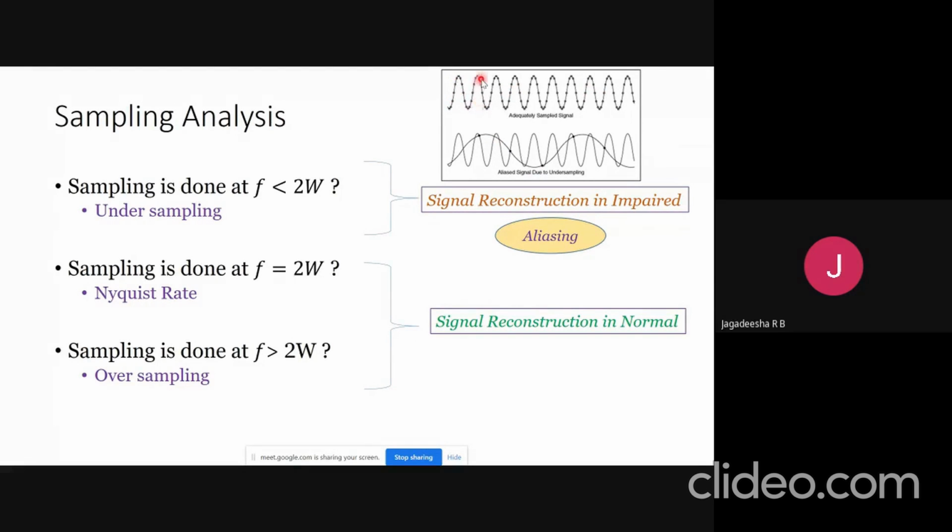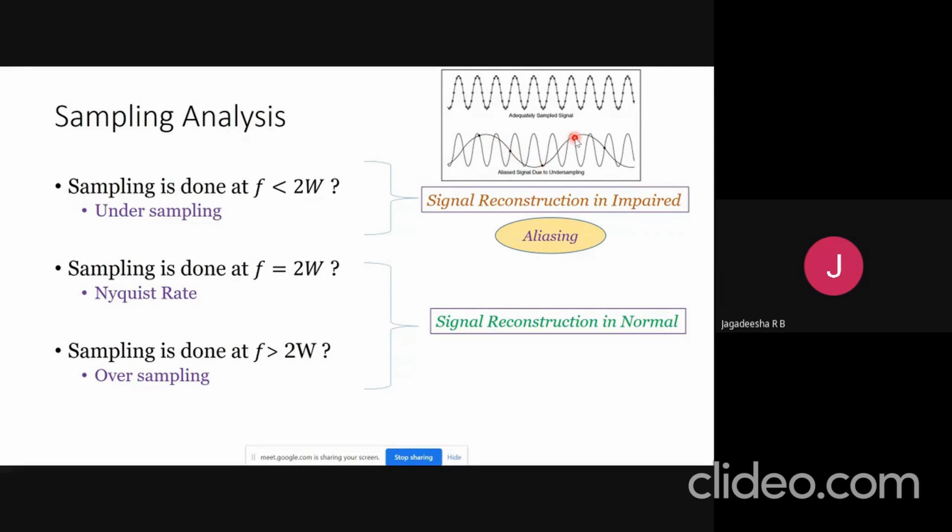That represents that this was sampled at quite a higher frequency, maybe 2 times or more than 2 times. So you have many dots here. They are the sampling instants. This bottom part is the alias signal. Here, this is the original signal, but this was sampled only here, here, here, as well as here.